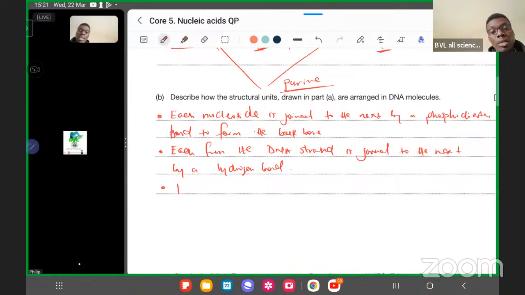All right. Then, of course, this point I'm making is meant to be like the first point anyway. You can say that DNA is a double helix.